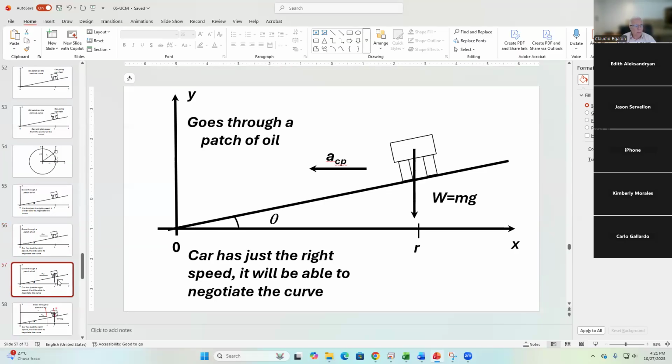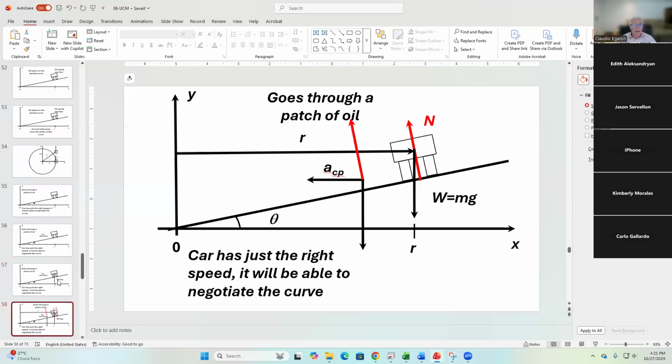We have the weight, and we have the normal, and a resulting centripetal acceleration. This centripetal acceleration will have the same direction as the centripetal force. There is no other force there anymore, because there is no friction between the tires and the pavement, because there is an oil patch here.